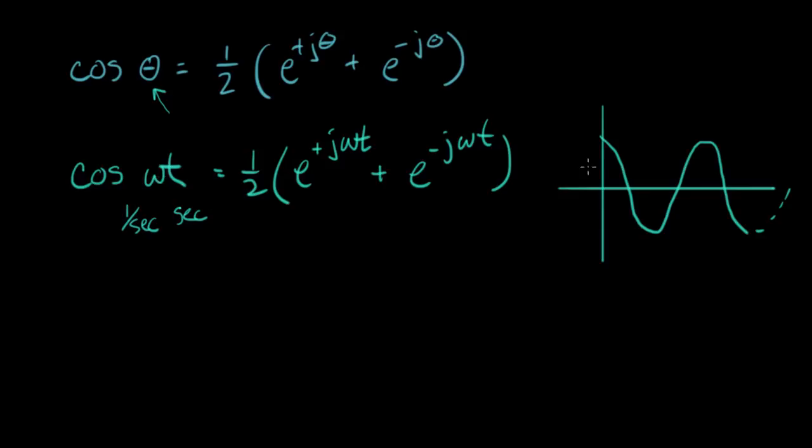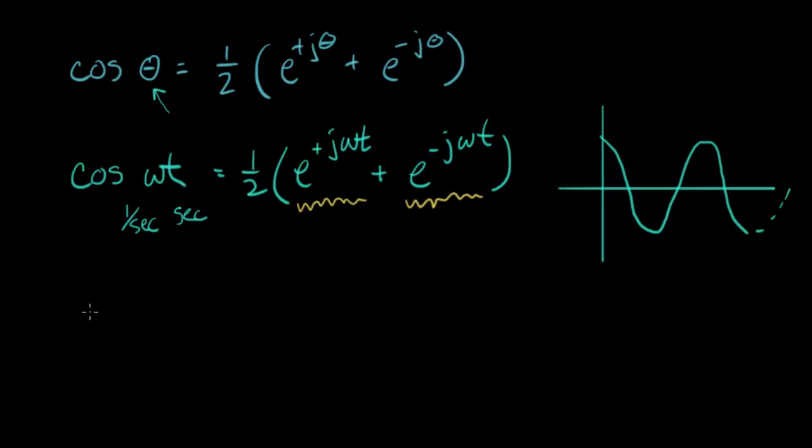The frequency determines how fast, or how often, it goes up and down. But now I want to look at a really special thing. What is this thing, e to the plus j omega t? What we see is this cosine is made of two of these things. So whatever these things are, I can make a cosine out of them.